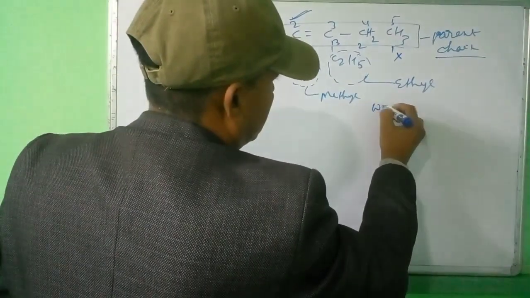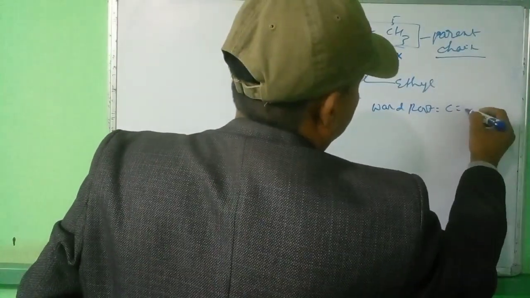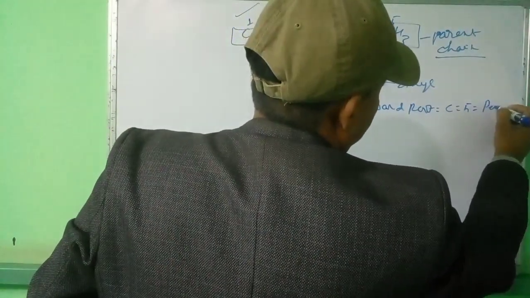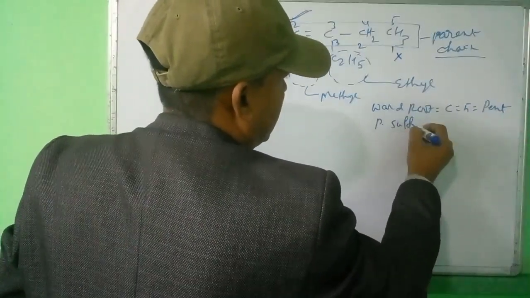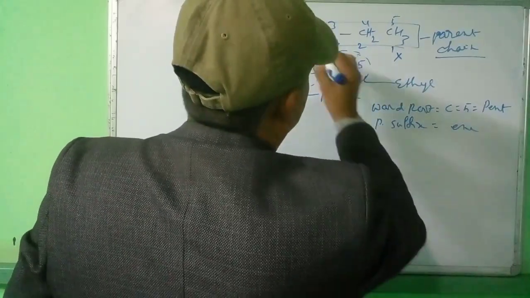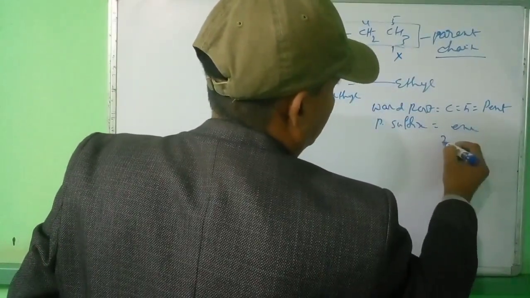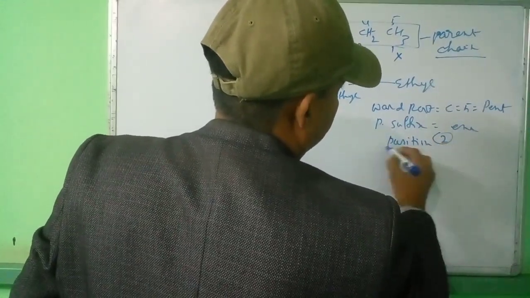Now what is the word root? Word root: C equal to 5 means pent is the word root. Now primary suffix ene. Position of the double bond is what? 2. Okay. Second carbon.